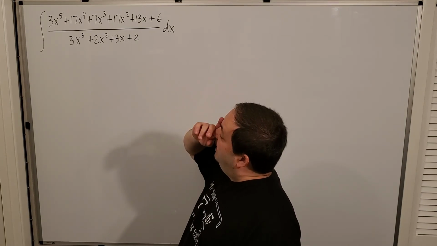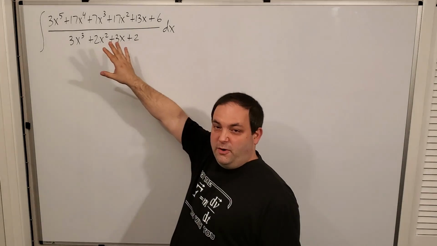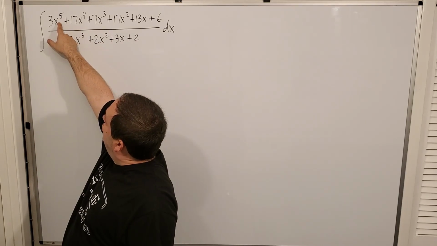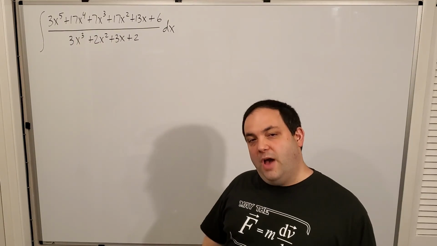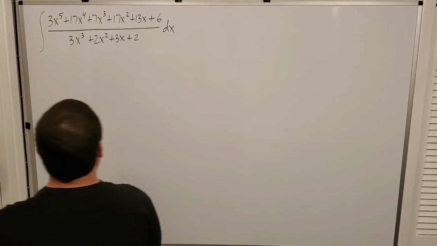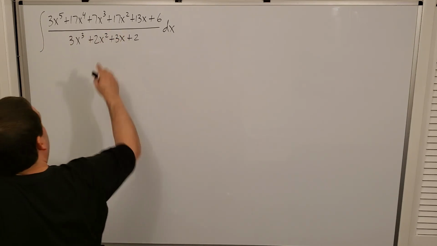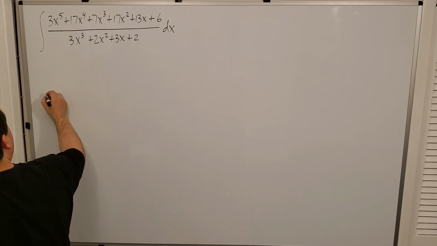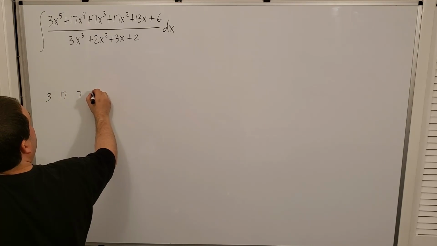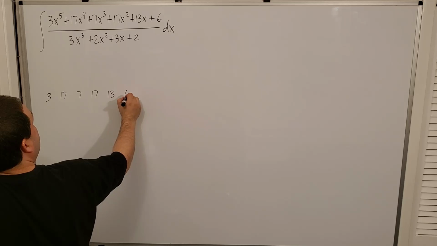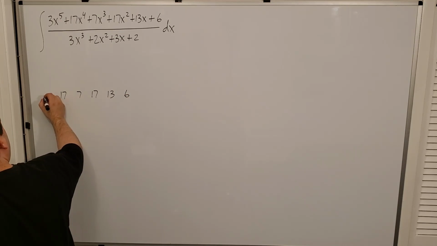Okay, so I've got this fraction, and the first thing I notice is that the numerator has a higher degree than the denominator. So I need to divide first, right? Let's do that. I'm going to line up my numbers from the top. That's going to be 3, 17, 7, 17, 13, and 6. I'm going to draw a line.